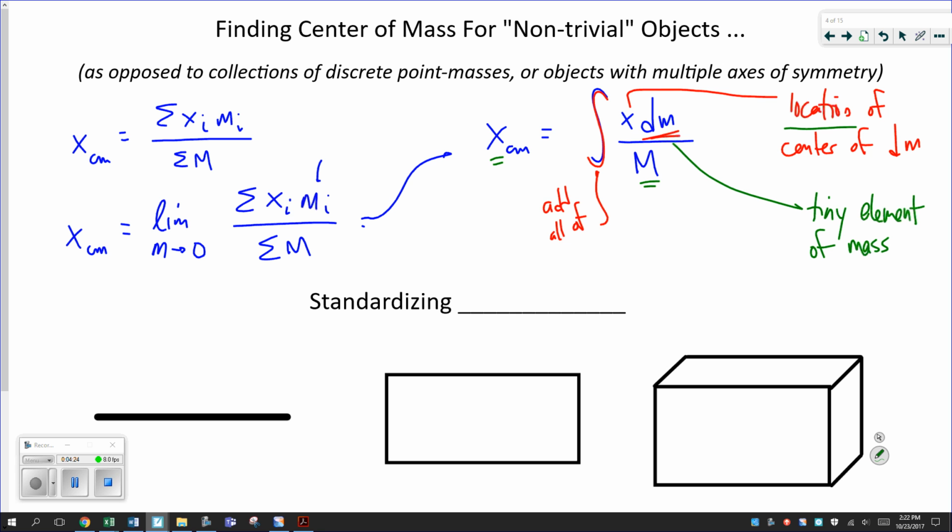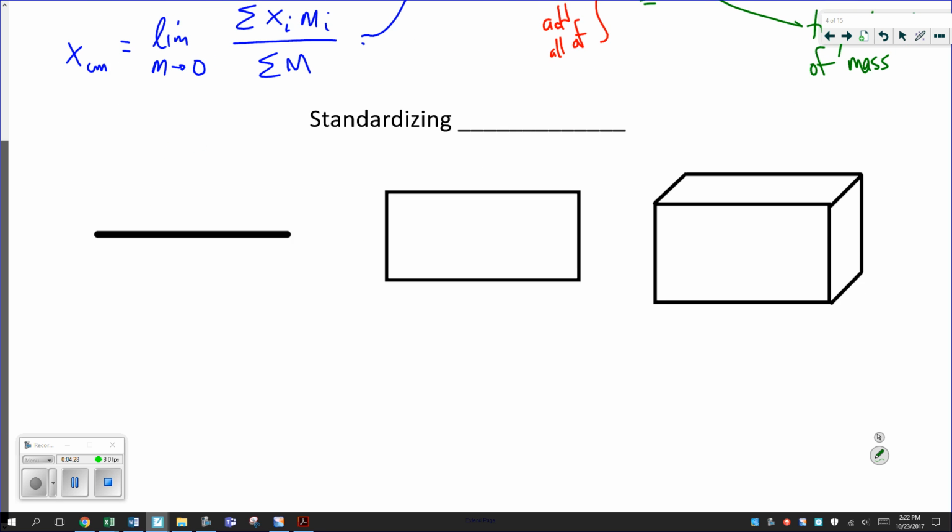Now, let's get down here and talk about what we're going to typically do when we have forms that occupy space in varying numbers of dimensions.